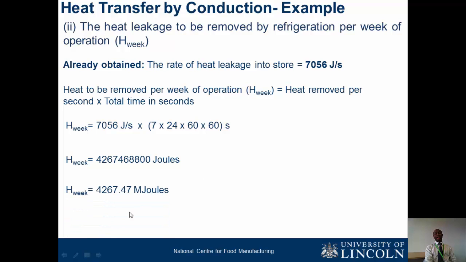This can be expressed in megajoules by dividing by 10 raised to the power of 6, that is three zeros and another three zeros. So we have 4267.47, approximating that, 4267.47 megajoules. So that's the amount of heat to be removed by refrigeration per week.